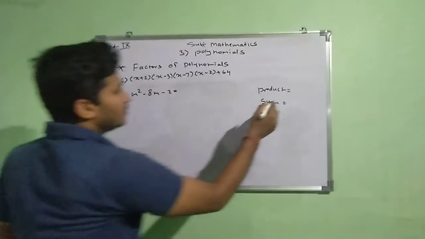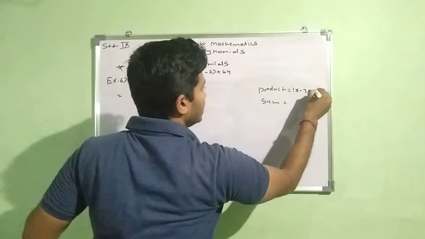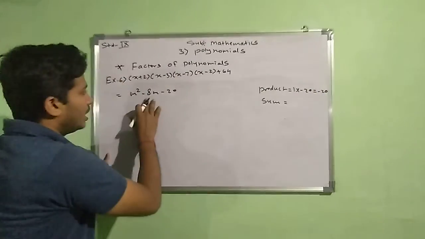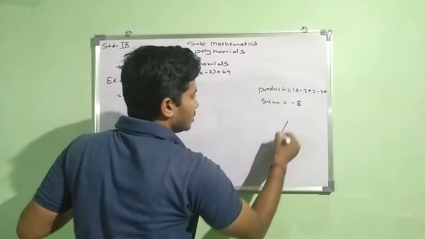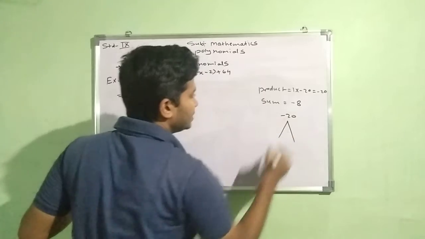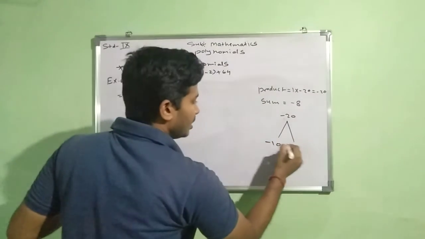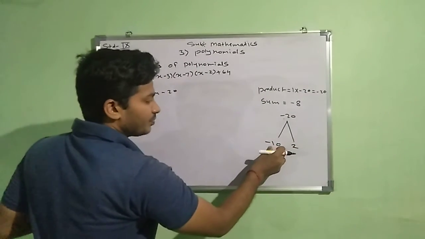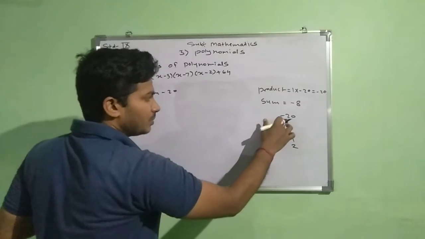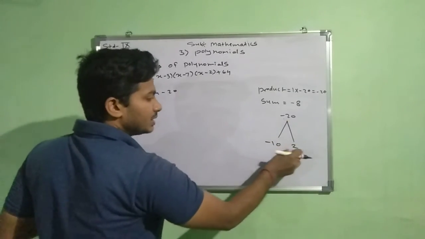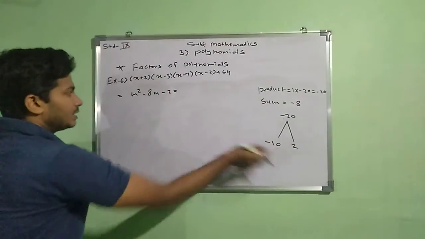The product we want is 1 multiplied by minus 20, which is minus 20, and the middle term we have is minus 8. So we have to find two numbers such that their multiplication is minus 20. We can take minus 10 multiplied by 2, which is minus 20, and minus 10 plus 2 will be minus 8. So we can take those two values.